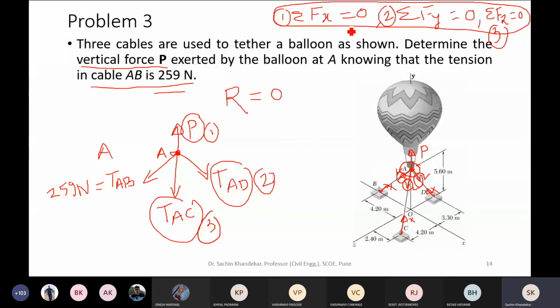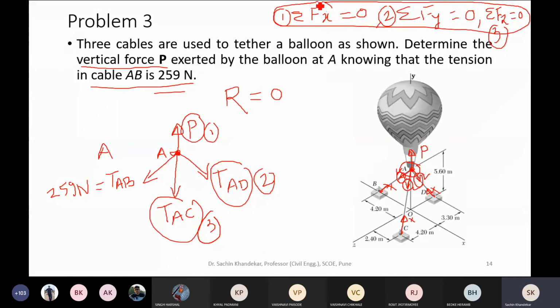Now here we know ultimately what we are going to do. We are going to find out summation Fx, then equate it to 0, develop one equation, then find out summation Fy, equate it to 0, develop second equation, then find out summation Fz, equate it to 0, and develop third equation, and solve all these 3 equations simultaneously to solve for these 3 unknowns, P, TAD and TAC.